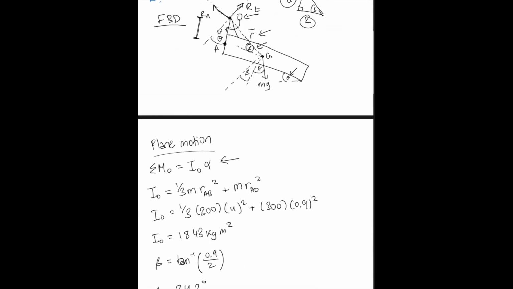So we know that the sum of moments is equal to force times distance, and the sum of moments around O is just going to be equal to the mass of the rod, 300, multiplied by 9.81. And the distance is going to be 2 cosine theta, because it's at an angle. So this is going to be our positive.